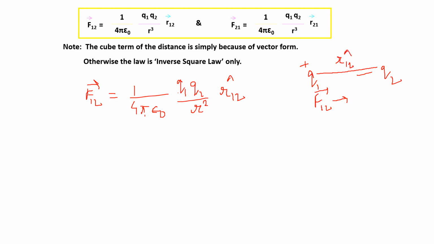And here this R12 cap, this is a unit vector having unit magnitude, can be written as vector R12 upon magnitude of R12.